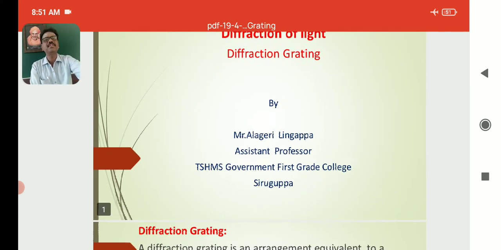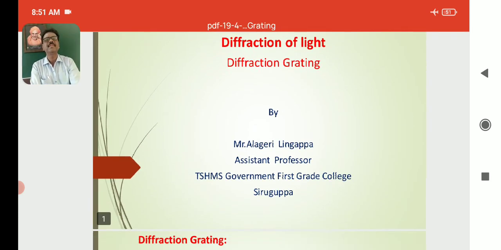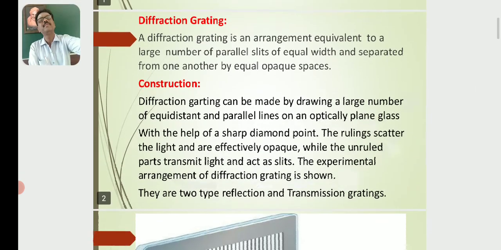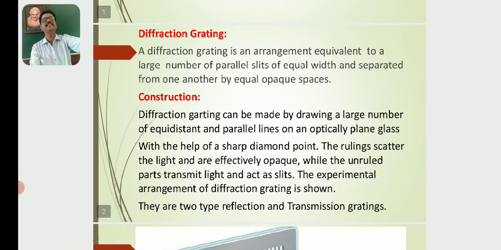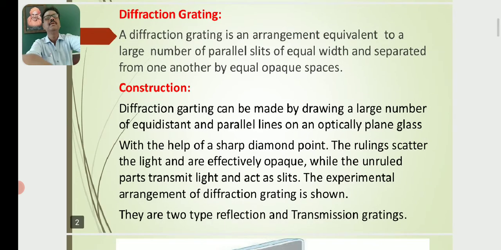How does diffraction take place in the case of a grating? And then, what are the applications of diffraction grating? So let us discuss diffraction grating.